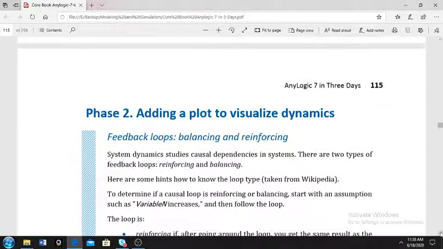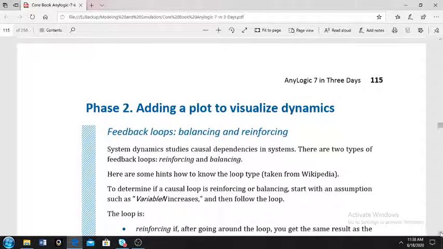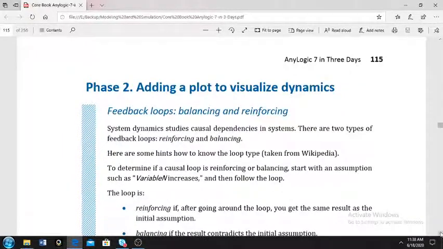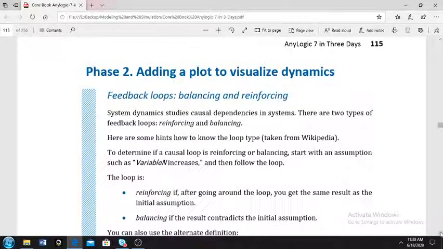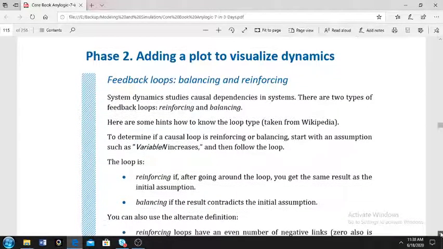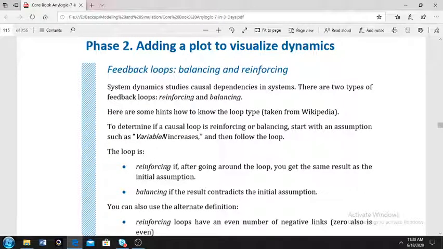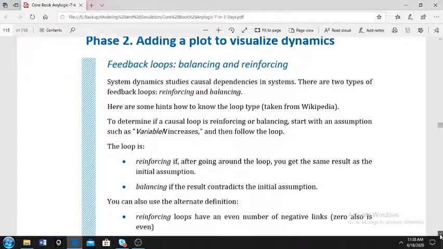Now, phase two here is to add visualization. The model is ready in phase one, but in phase two you add visualization. So you know what reinforcing means? Balancing means all this stuff. So you do that in phase two.